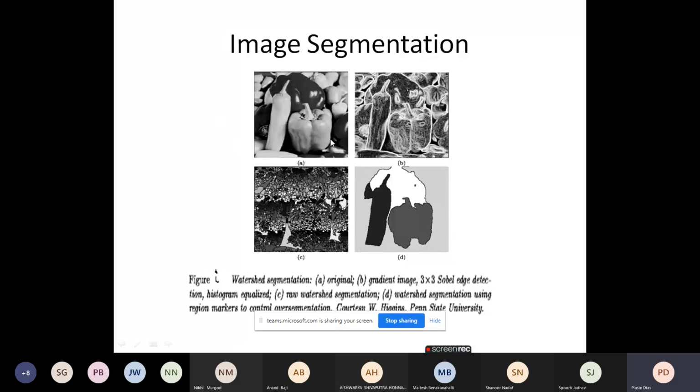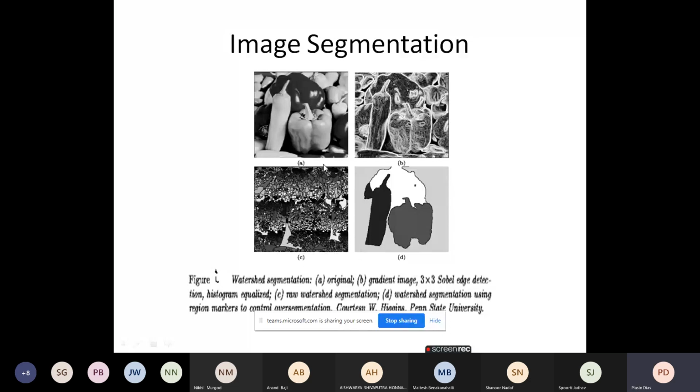This shows how the original image was, the gradient image taken with an edge detection method, basically the Sobel edge detection method here, and how the image looks. And if you do raw watershed segmentation, and segmentation using region markers to control over-segmentation, this is how things may look. This is for your information.